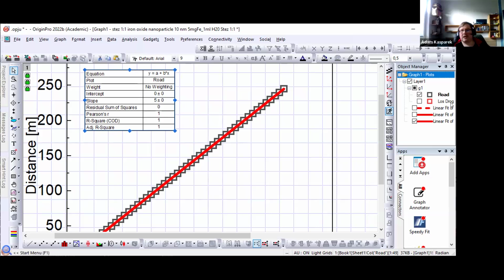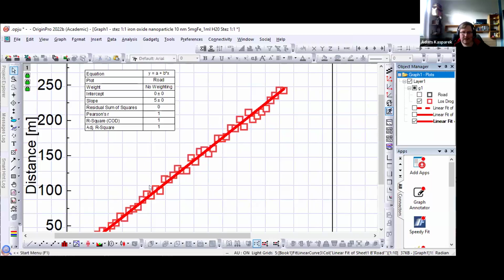But usually, when we get results from an experiment, each experiment has been measured with some errors. For example, I will change this data a little, and it can look like that.